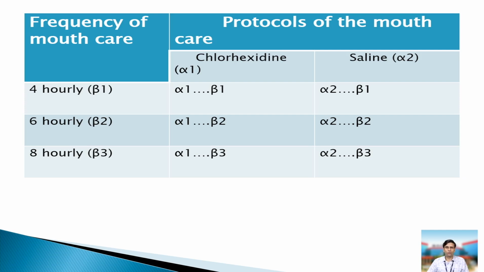So chlorhexidine mouthwash with 6 hourly frequency will be known as alpha 1, beta 2, whereas the saline mouthwash protocol with 6 hourly frequency will be known as alpha 2, beta 2. Similarly, 8 hourly frequency for chlorhexidine mouthwash will be known as alpha 1, beta 3, and the saline mouthwash protocol for 8 hourly frequency will be known as alpha 2, beta 3.